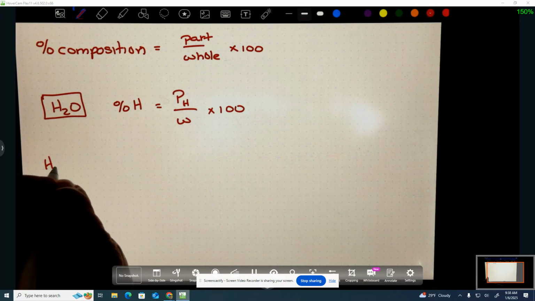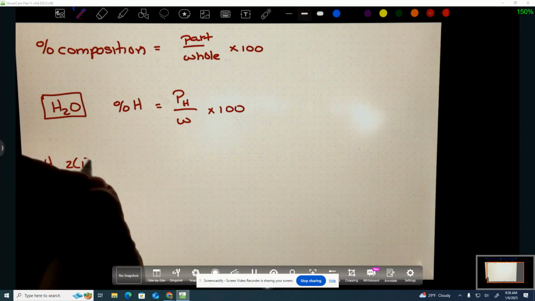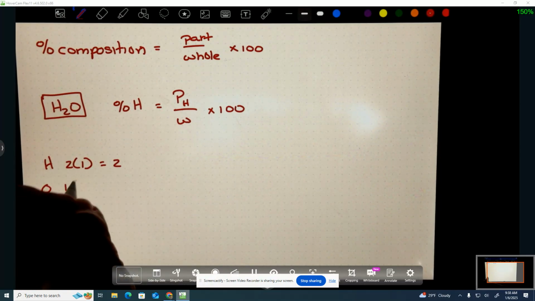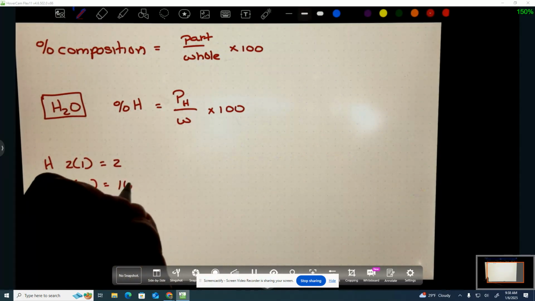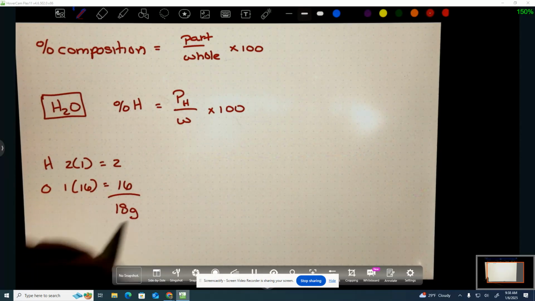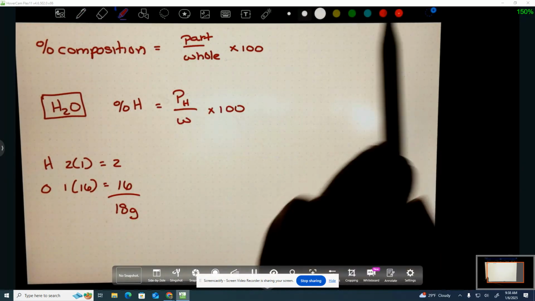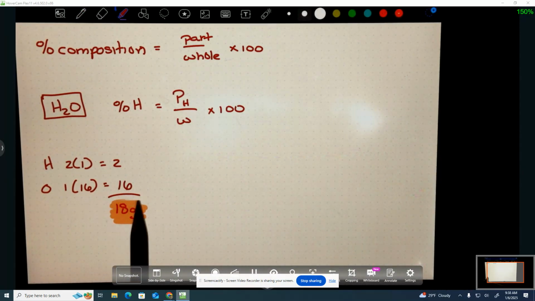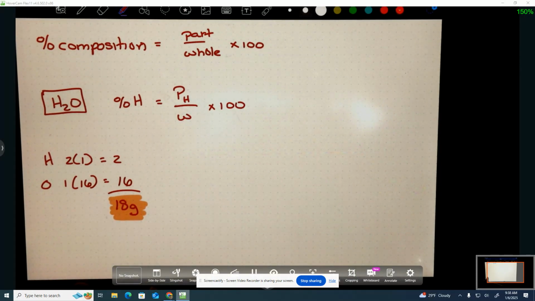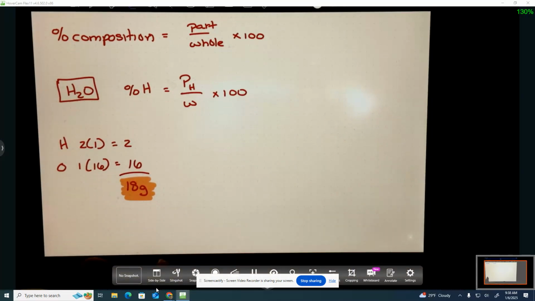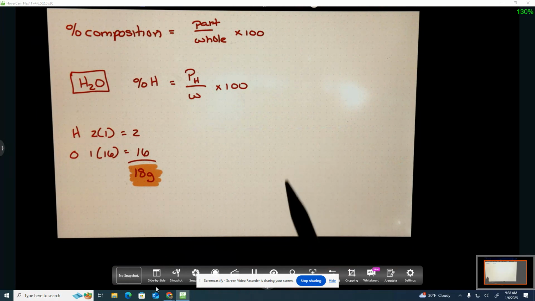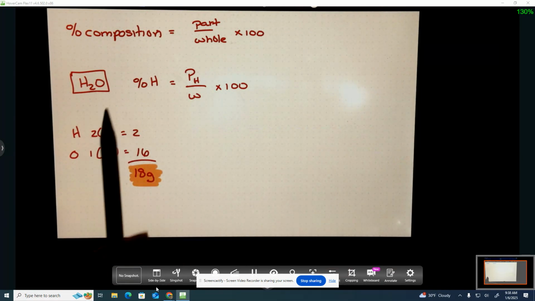All right, water, we know the whole thing weighs what? 18. But I'm going to write it out for fun. So the whole thing weighs 18. So here is my whole thing. What's the part equal to? 2.